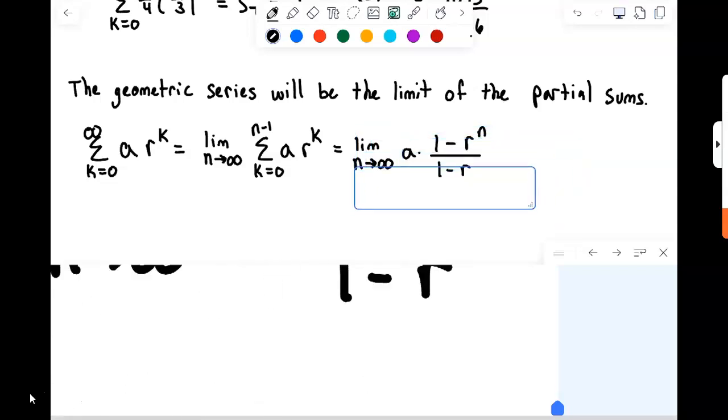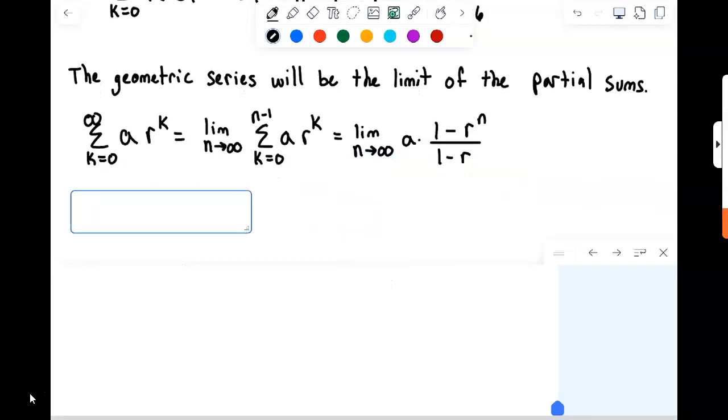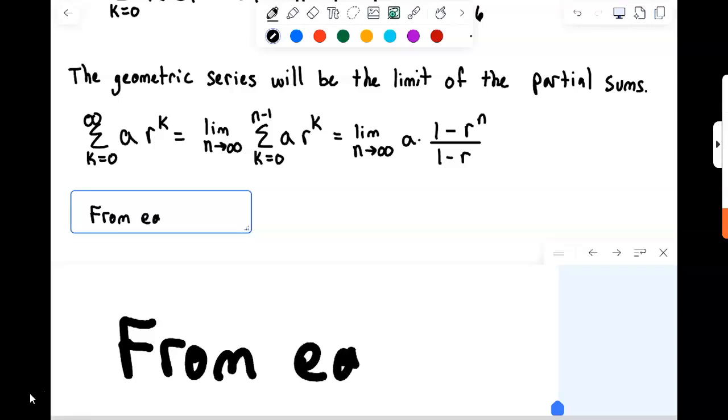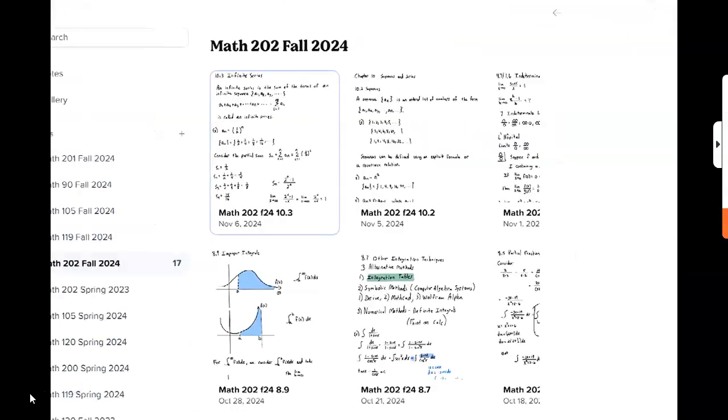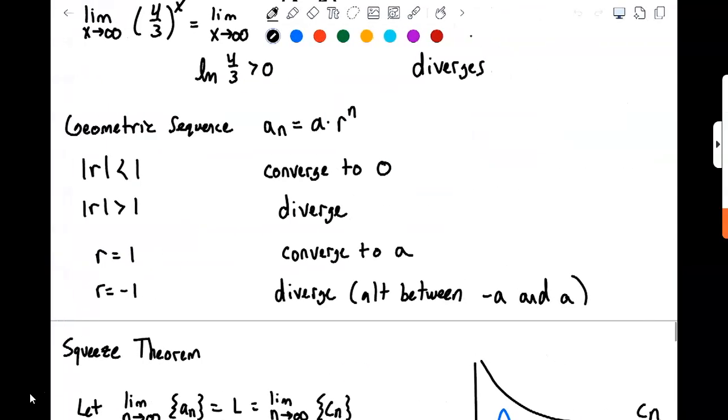So how do we evaluate this last thing? Well, from the last section, we know a little bit about what happens to r to the n, because we looked already at the geometric sequence and discussed what was going on with that r to the n.